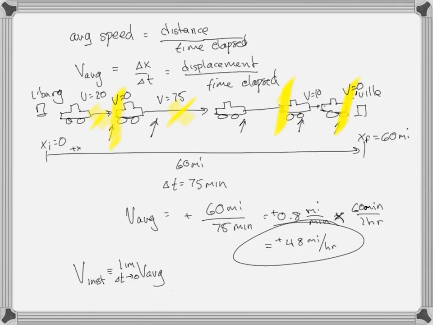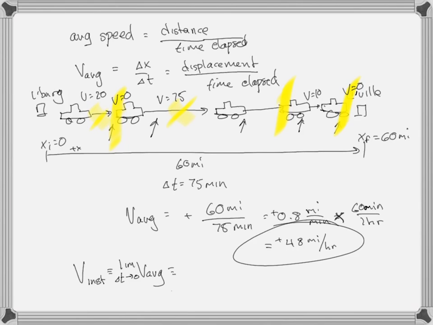So if I talk about my average velocity at that instant, my average velocity just over the last moment is going to be my velocity at that instant. If I'm talking about my average velocity since the trip started, that doesn't tell me what my velocity is right now. But if I just talk about my average velocity since a minute ago, or since a second ago, or since a millisecond ago, that's going to tell me my velocity.